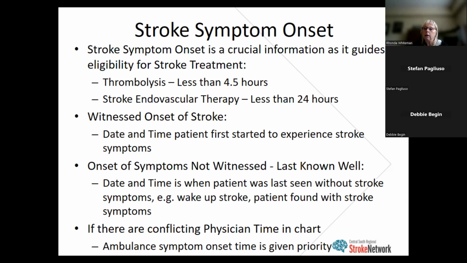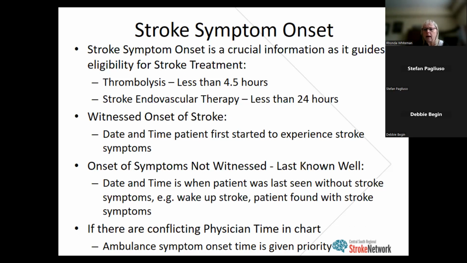However, the ED physician, the telestroke neurologist, or the stroke neurologist at the stroke center, in communicating with the wife, asks, did you speak with him when he got up? Did he have any symptoms? Was he his normal self? It may become clearer at that time that the wife says, oh, I didn't speak to him.